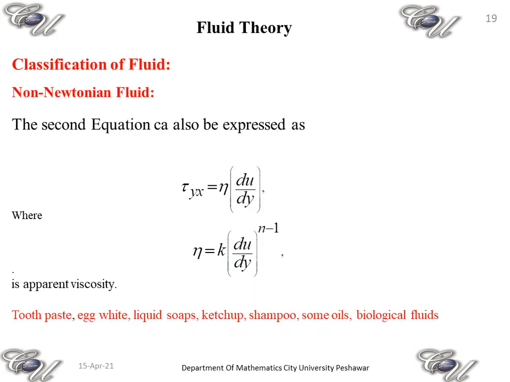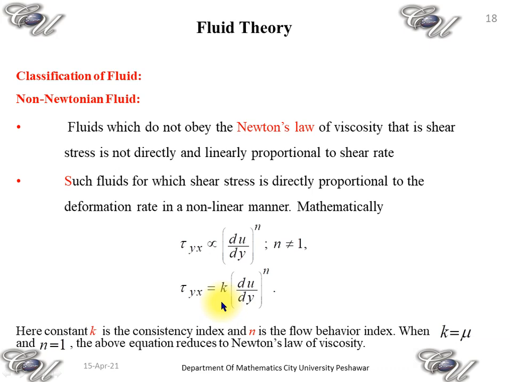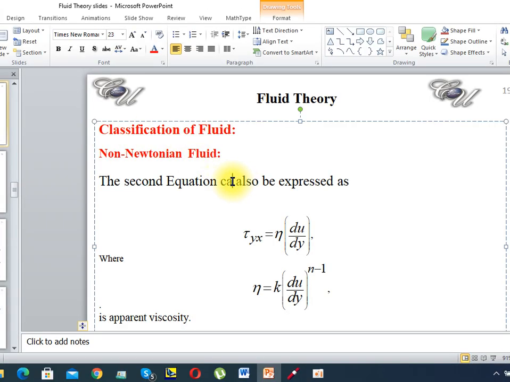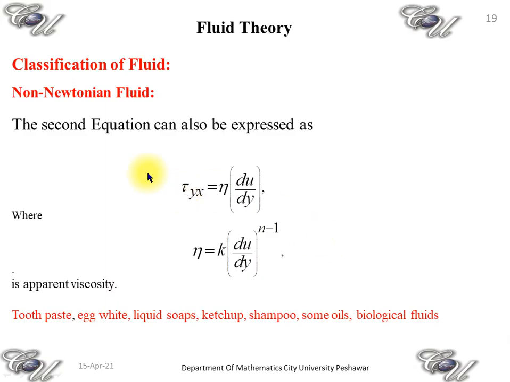Okay, and now the second equation can also be expressed as tau equals eta du by dy, where eta is equal to k (du by dy) to the power n minus 1.